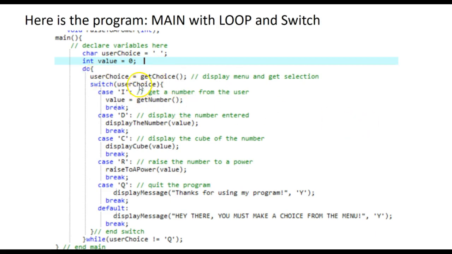User choice hopefully will equal a capital A, capital D, capital C, capital R, or capital Q. Depending on its value, one of these functions will fire. If the value is none of these choices, then display message down here and the default will fire. Hey there, you must make a choice from the menu. And when they select Q, we say thanks for using our program.